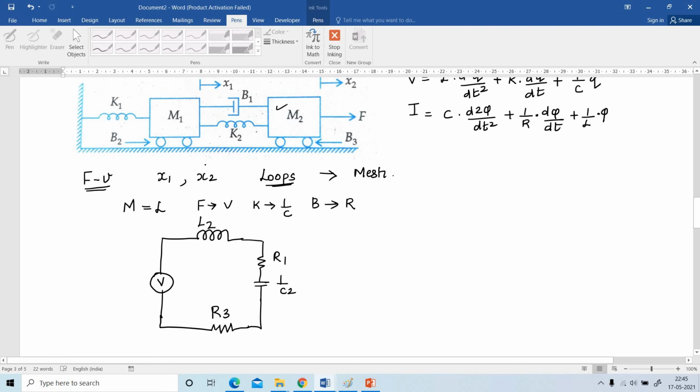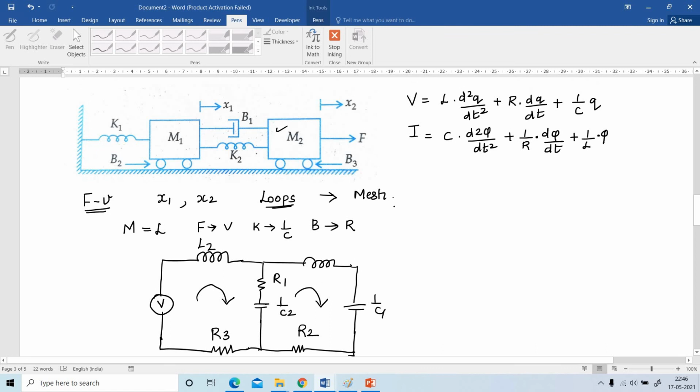And the second loop consists first of the inductance, that is M1, and these two are common, already drawn, and K1 instead of K1 we use 1 by C1, and another one, B2, friction, which is relevant to the resistance in the force voltage analogy, put R2. So two loops are formed. Okay, this is about the force voltage analogy.